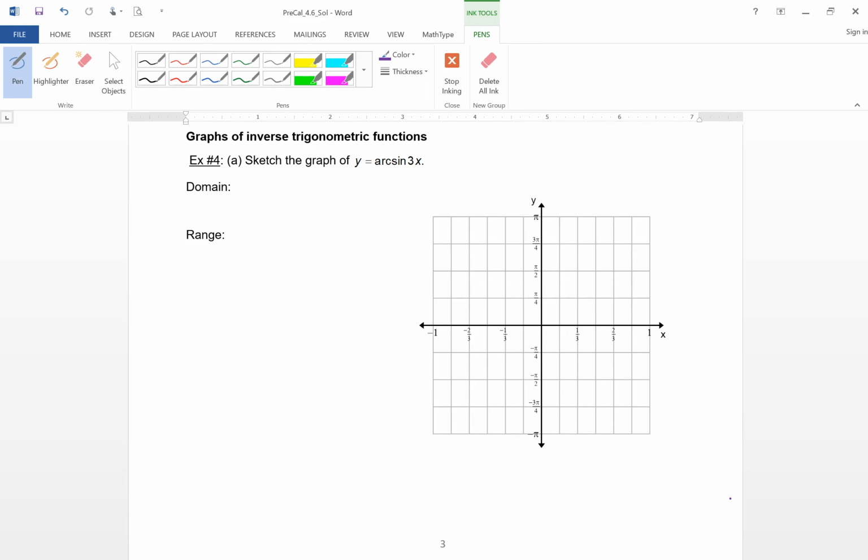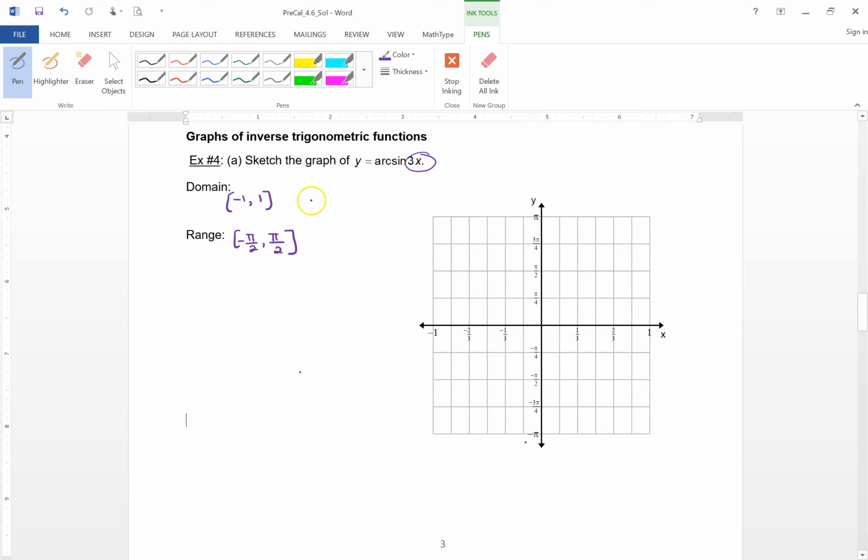All right, so what is the domain of the inverse sine of x? Negative 1 to 1. And what's the range? Right. Now, the domain of the sine of x is negative 1 to 1, right? But what about for inverse sine 3x?